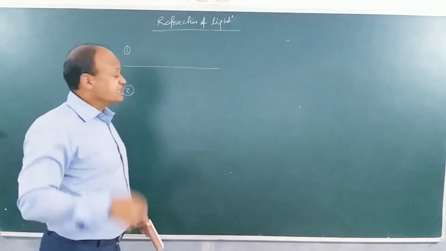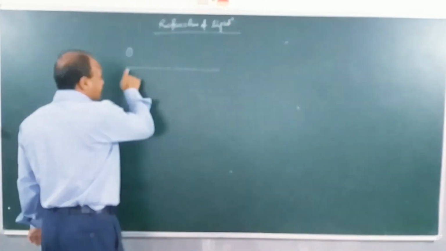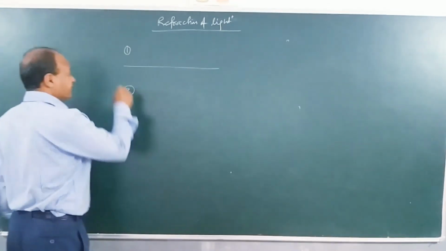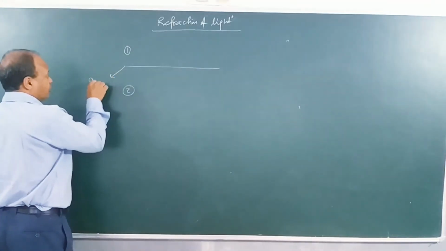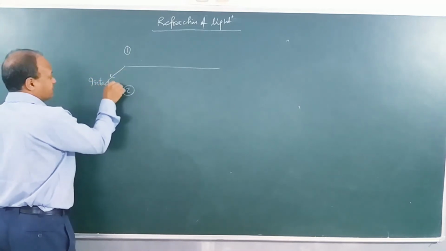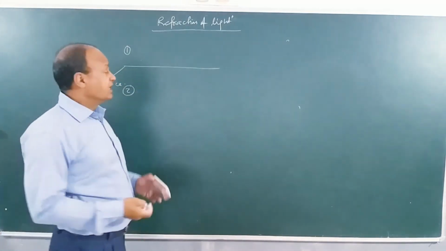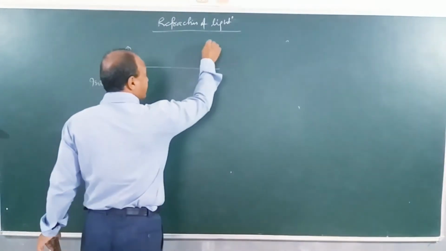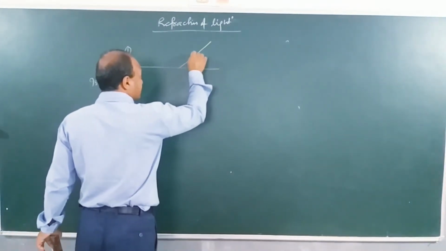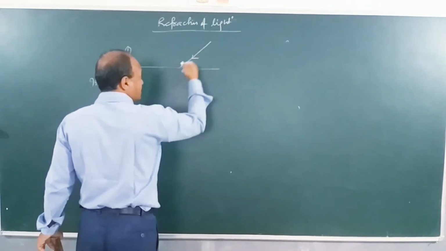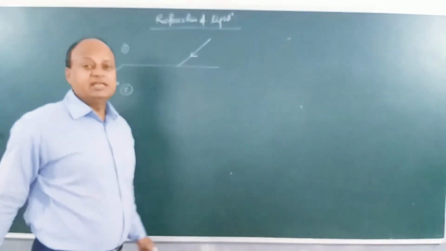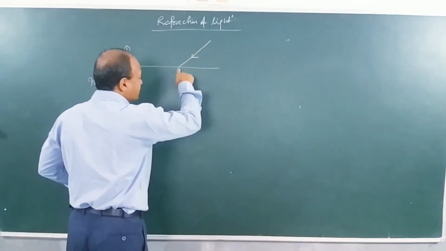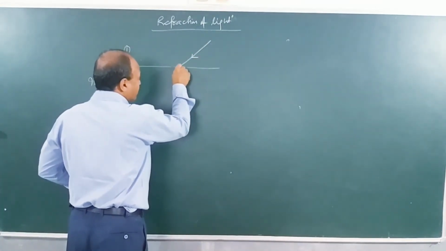Now when a light ray is traveling from medium 1 to medium 2, this line which you are seeing, above is medium 1, below is medium 2, is called interface. Now let's understand. Light is traveling from medium 1 to medium 2 like this. A light ray comes and strikes here like this. This is called incident ray. Now this light is coming striking here. So this is called point of incidence.